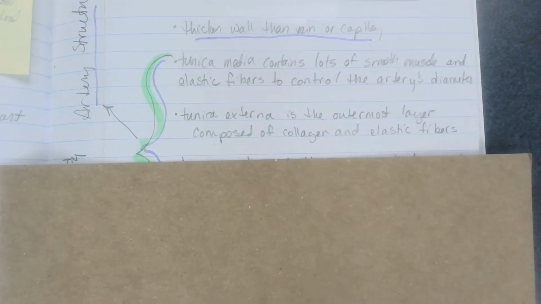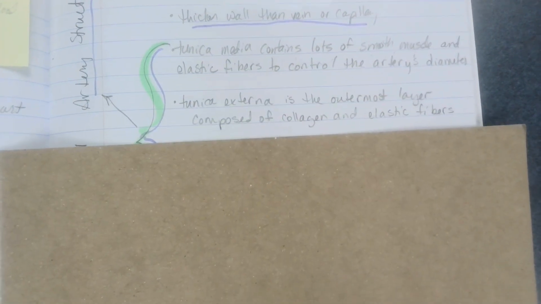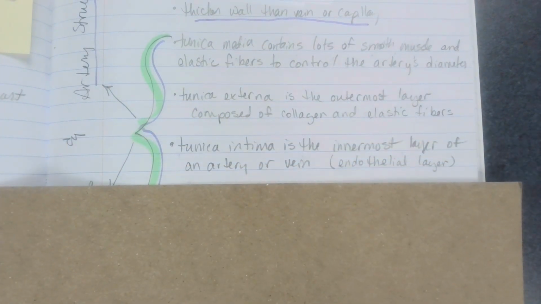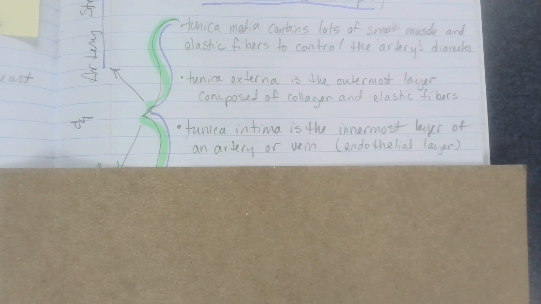The tunica externa is the outermost layer, composed of collagen and elastic fibers. Both artery and vein have a tunica externa. Tunica intima is the innermost layer of the artery or vein. It's the endothelial layer.